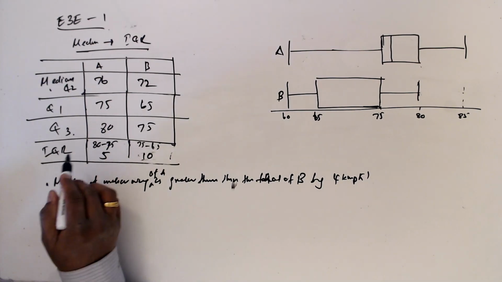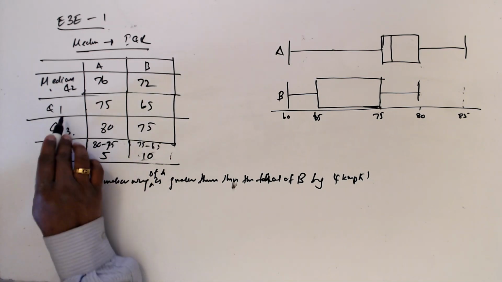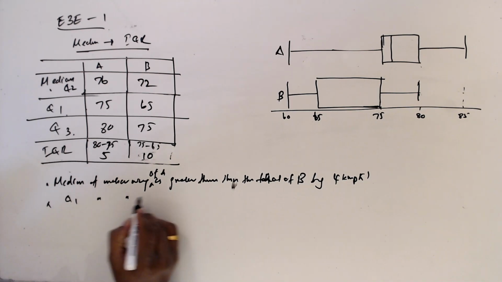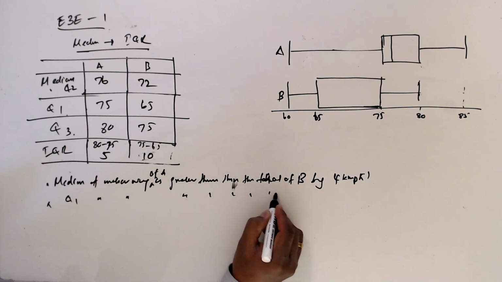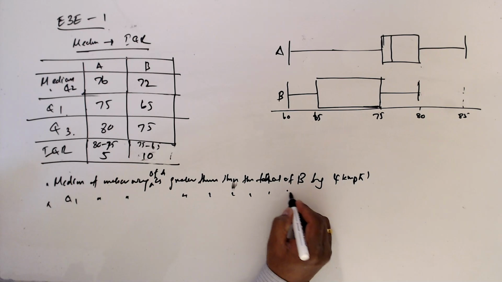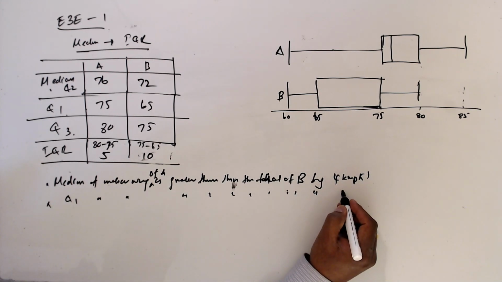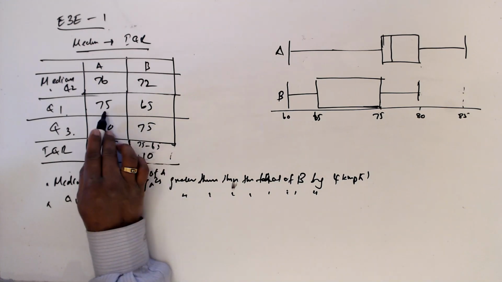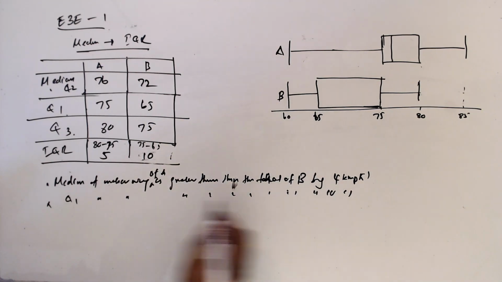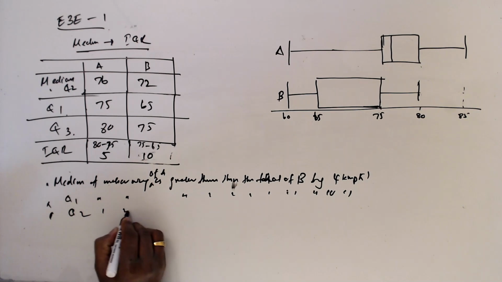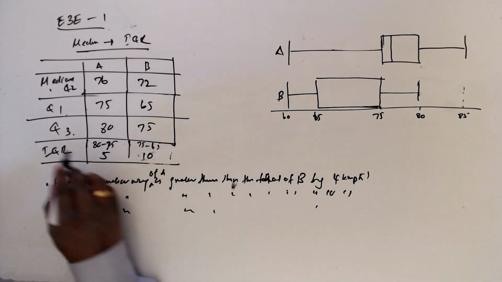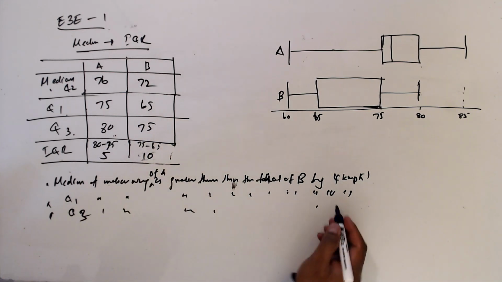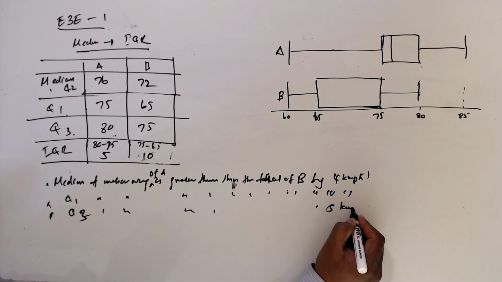We can tell that Q1 as well. Q1 of A is greater than that of B by 10, and we can also write that Q3 is greater by 5 kmph.